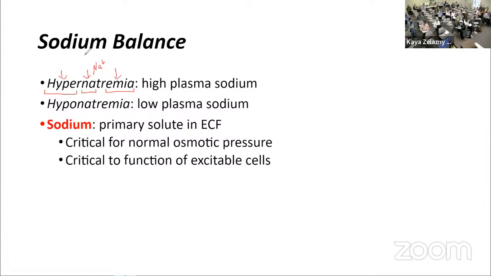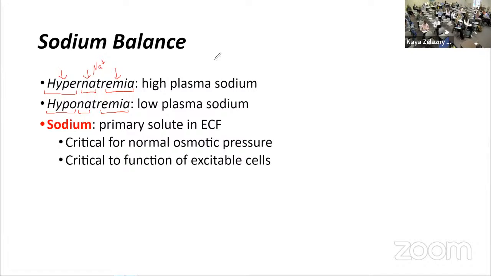Okay, so hypernatremia. We can break down the opposite as well. So hypo means low. So low sodium in the blood would be hyponatremia. Okay, so these are two terms we use to describe whether someone has high plasma or low plasma sodium.